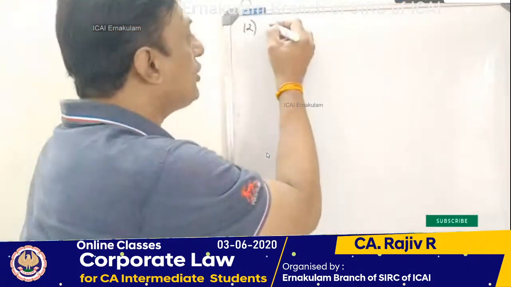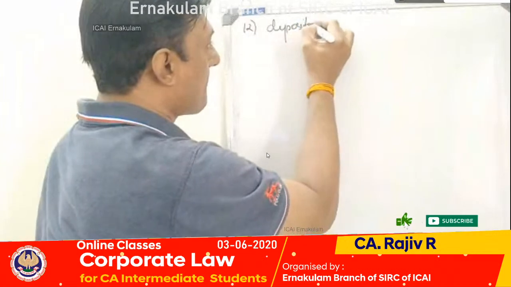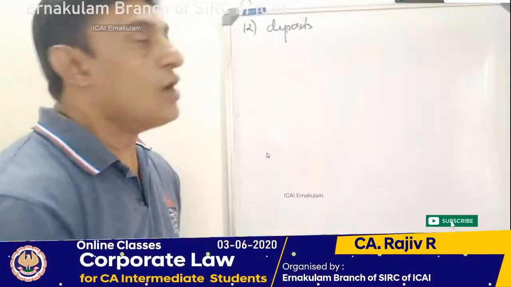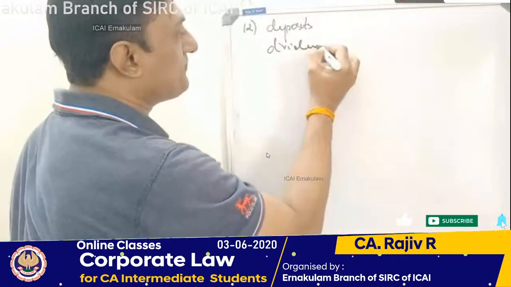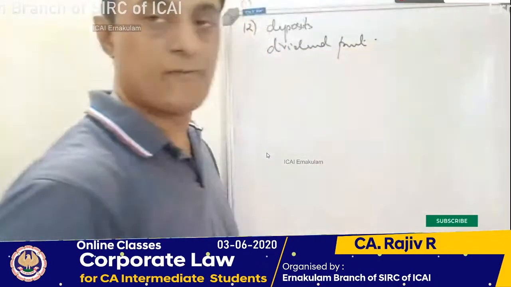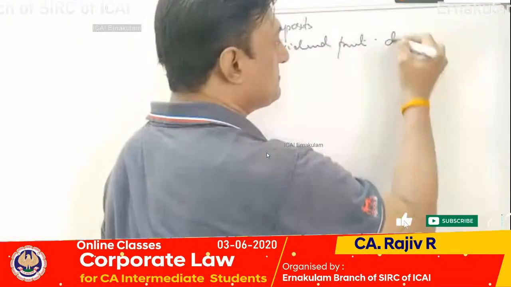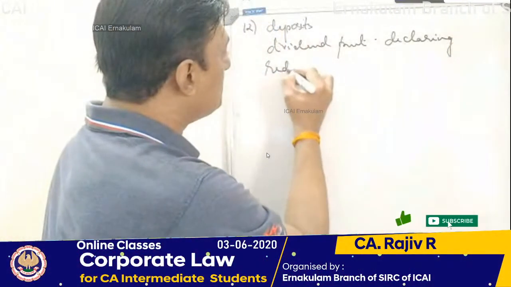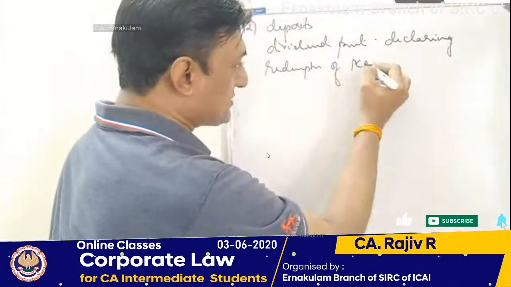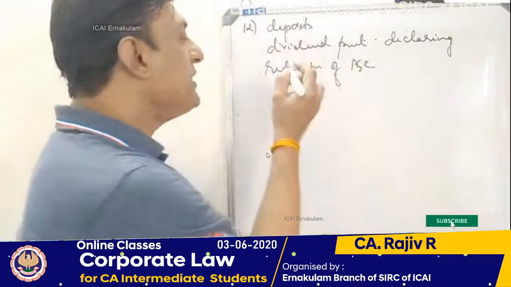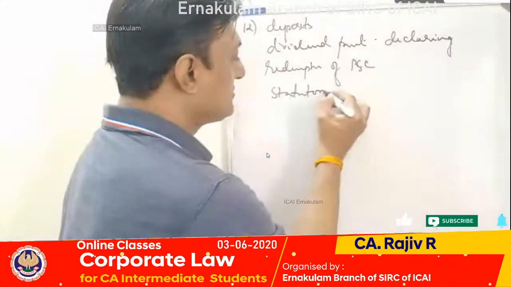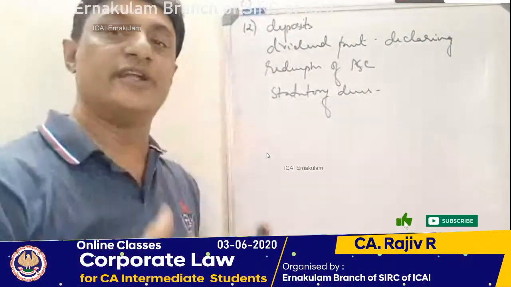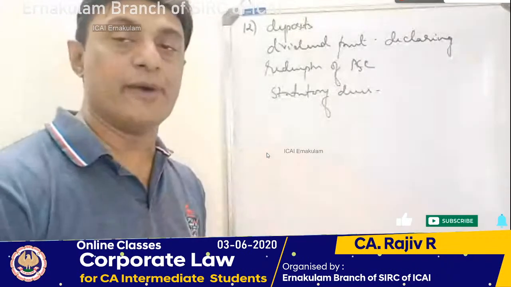A company which has defaulted on deposits, not repaying when it is due, not paying interest during the lifetime of deposits, or a company which has defaulted on dividend payments after declaring it, or a company which has defaulted in redemption of preference share capital, or a company which has defaulted on statutory dues like taxes, employees' contributions, provident fund, ESI, etc., is prohibited from buying.